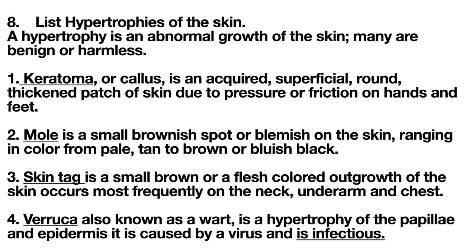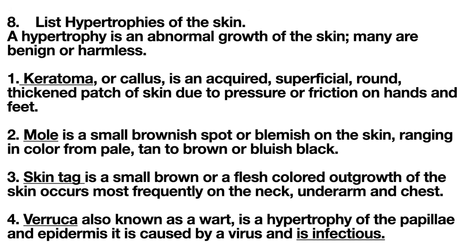Number 1, keratoma or callus is an acquired superficial round thickened patch of skin due to pressure or friction on hands and feet. Number 2, mole is a small brownish spot or blemish on the skin, ranging in color from pale, tan to brown or bluish black.